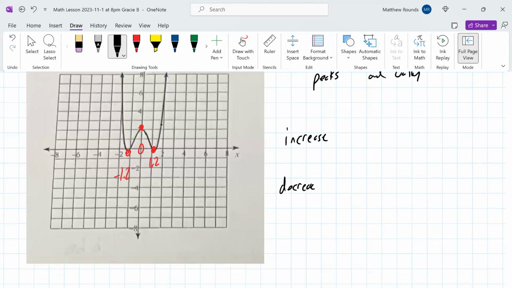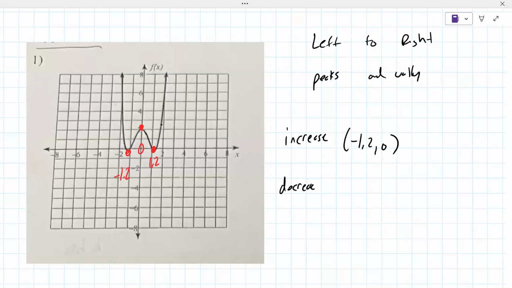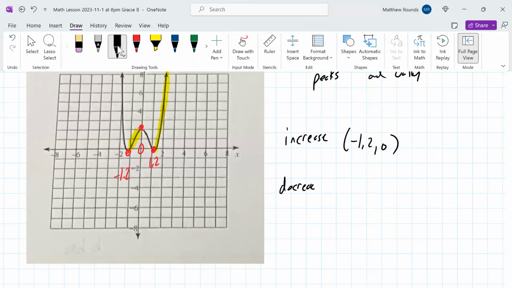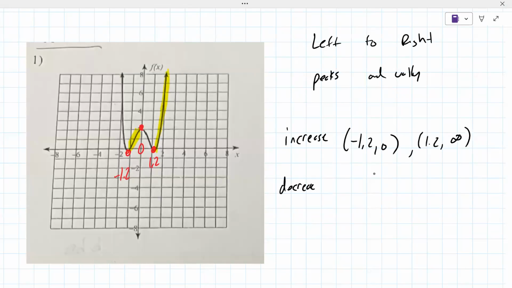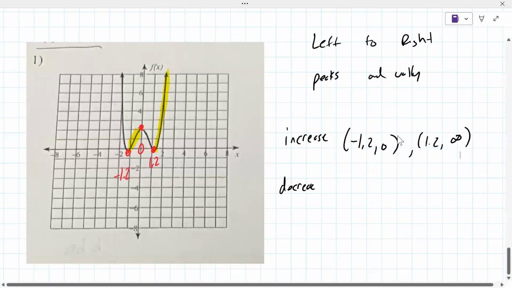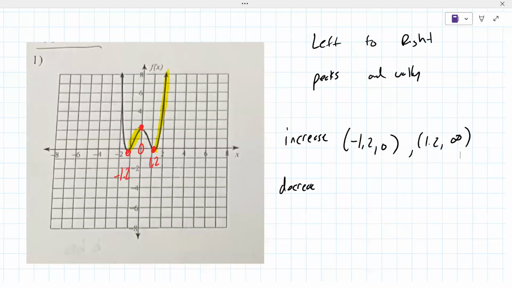So increasing means it's going up and to the right. So it's going up and to the right from minus 1.2 to 0. So hopefully that is clear here. That's this region right in there. And then it's also increasing in that region there, 1.2 to infinity. These are always open intervals with parentheses. Now the decrease is the other intervals.